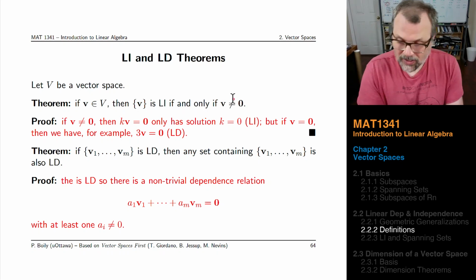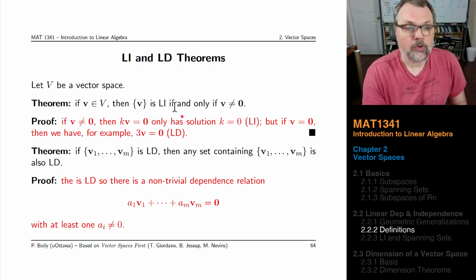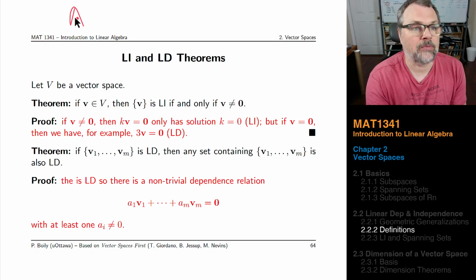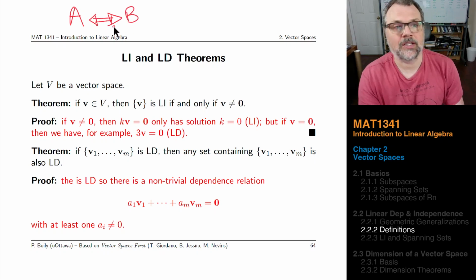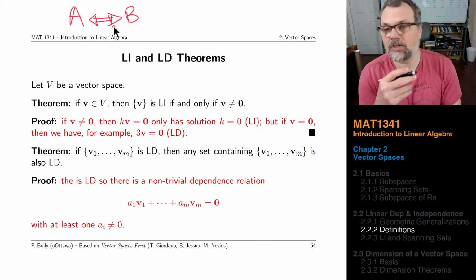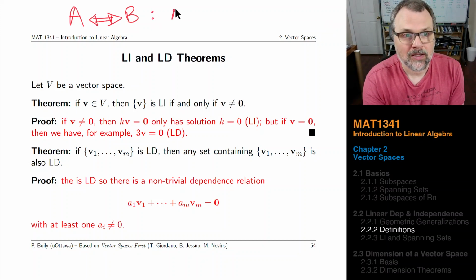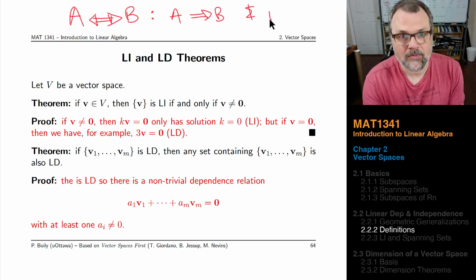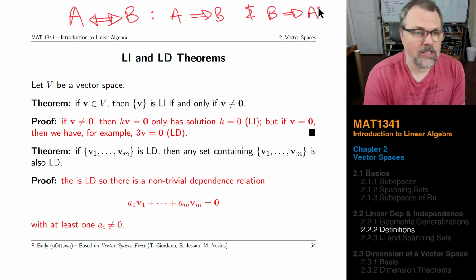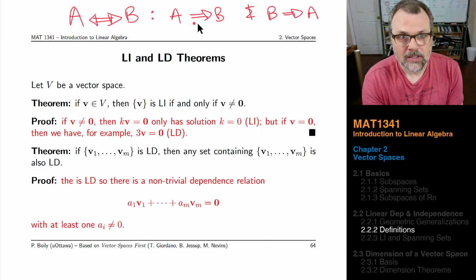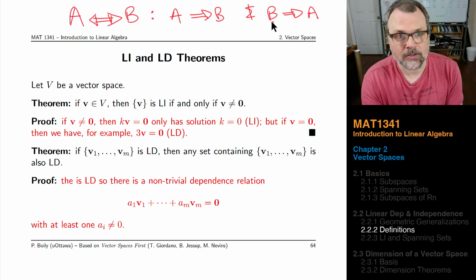When you show an if and only if statement, you're actually trying to show a statement that looks like this. That notation says that you have to show the implication in both directions. So that's the same thing as A implies B and B implies A. But there's a thing about these implications.